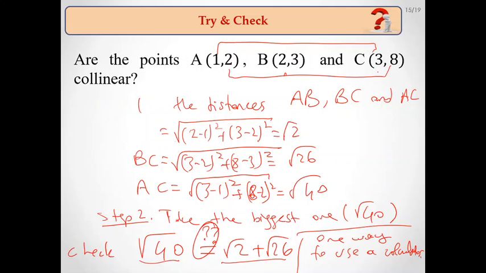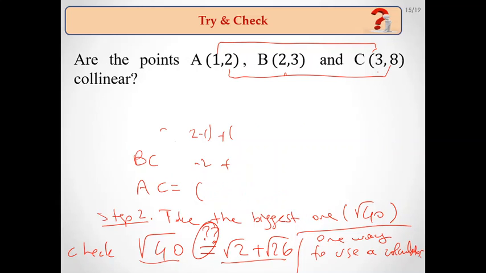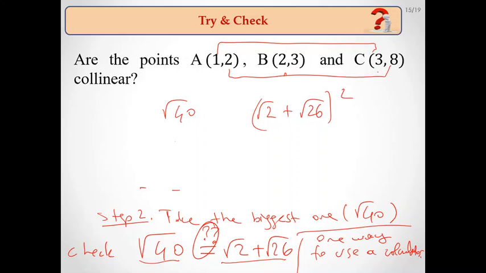Okay, we will not use a calculator. Without the calculator, how can you see it? If the numbers are big, you still have to use a calculator because it will take a long time to calculate. But here the numbers are small, so we can try that. If we want to check if it is equal or not, we can check their squares. So check their squares, 40.